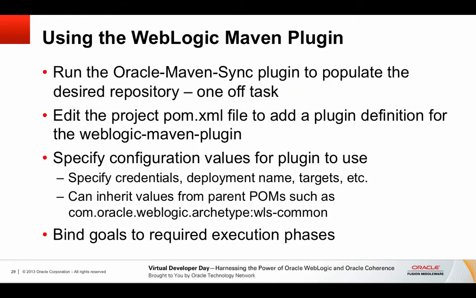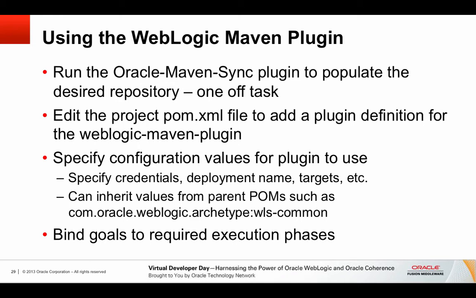So how do we go about using the WebLogic Maven plugin? The first thing we're going to do is obviously run the Oracle Maven-Sync plugin to populate the repository with all the artifacts and with the plugin. That's a one-off task. You're then going to edit your project pom.xml file and add a plugin definition for the WebLogic Maven plugin. You then go ahead and provide some configuration values for the plugin to use, username, passwords, application names, etc. So the information the various goals are going to need.